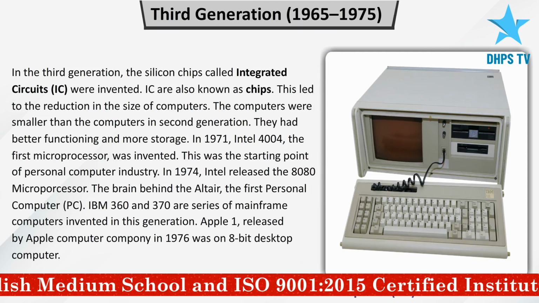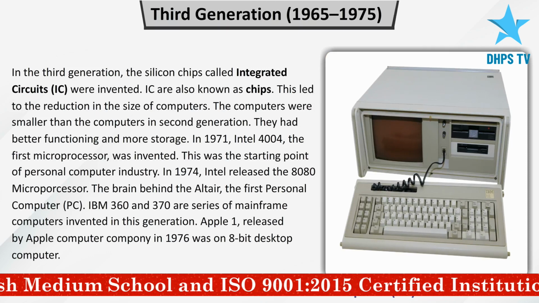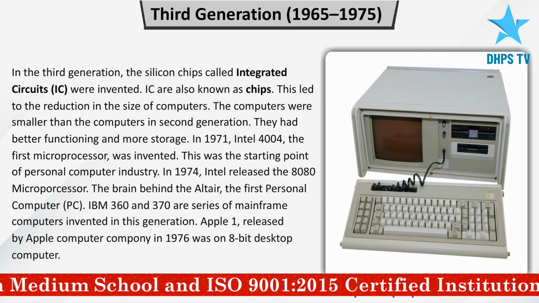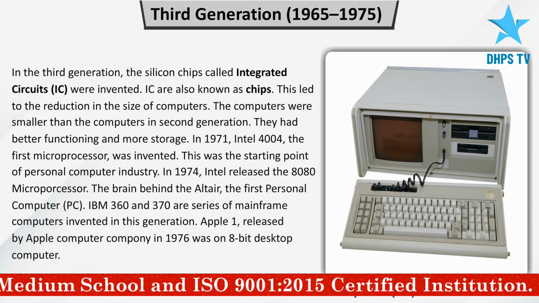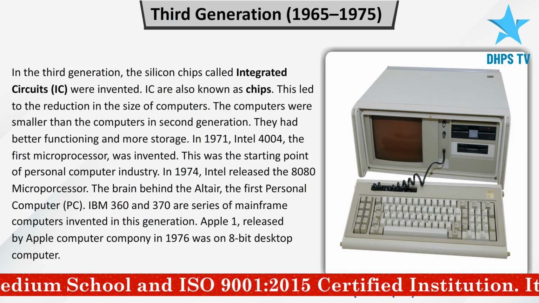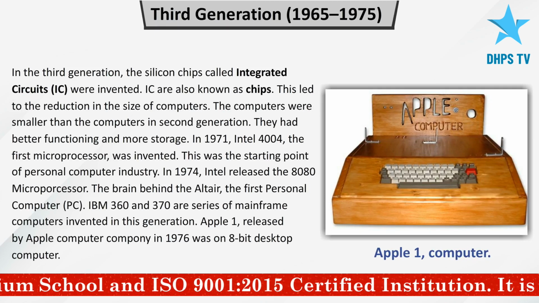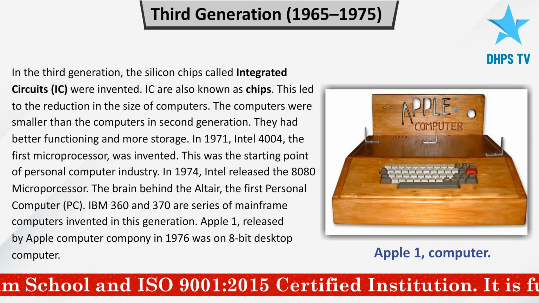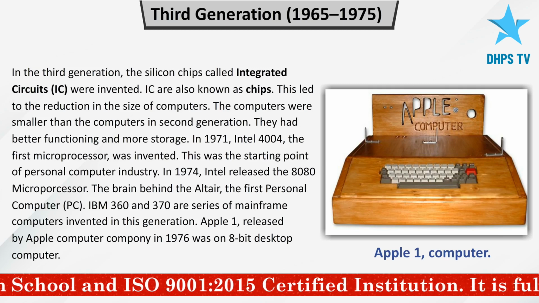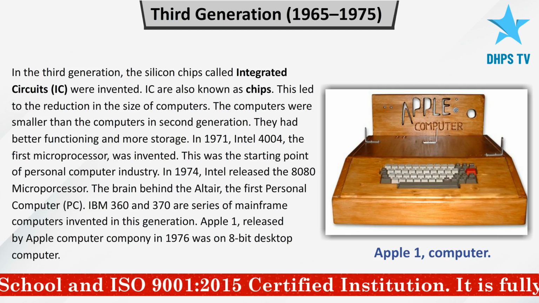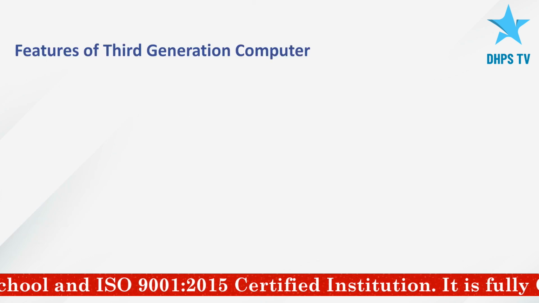IBM 360 and 370 are series of mainframe computers invented in this generation. Apple I, released by Apple Computer Company in 1976, was an 8-bit desktop computer.